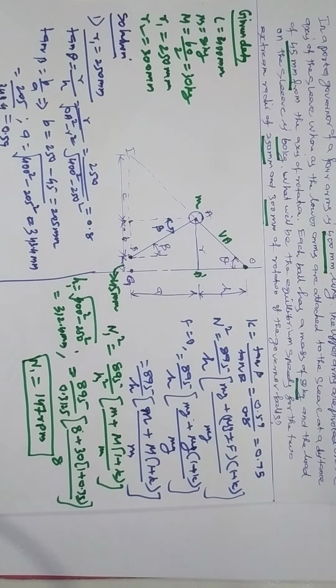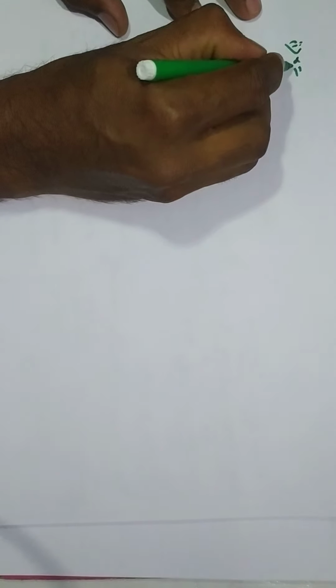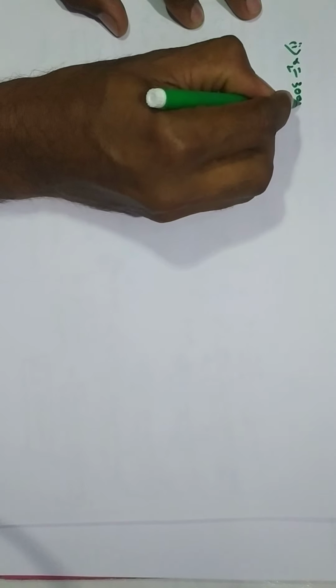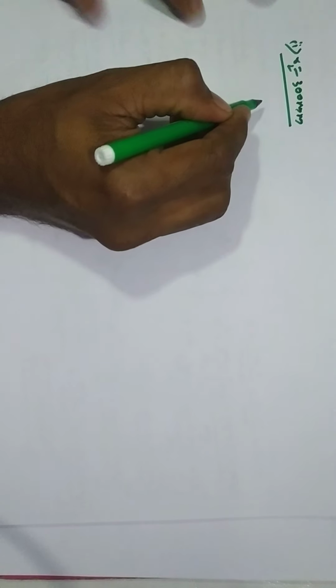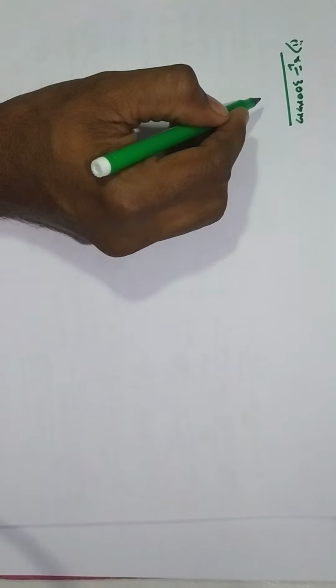Similarly you should find out the n2 also, right? So here, second case, r2 equal to 300 mm. According to the r2 value you should find out everything.